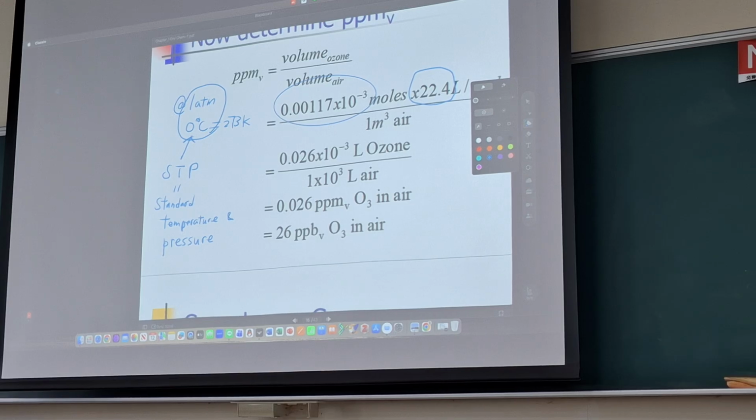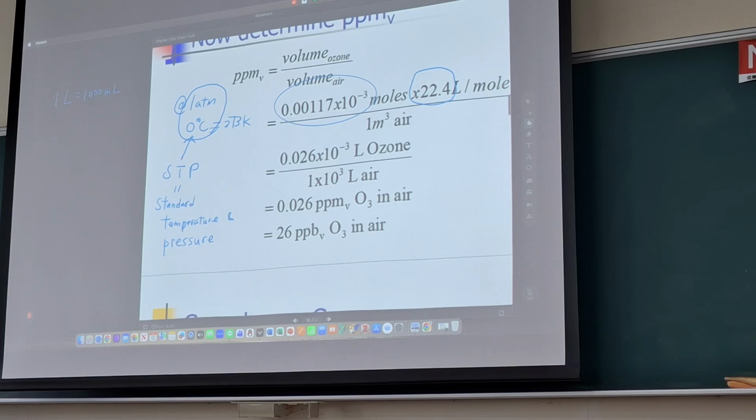1 liter equals 1,000 milliliters, which equals 1,000 centimeter cubed.